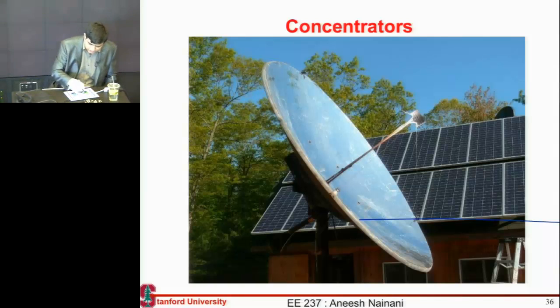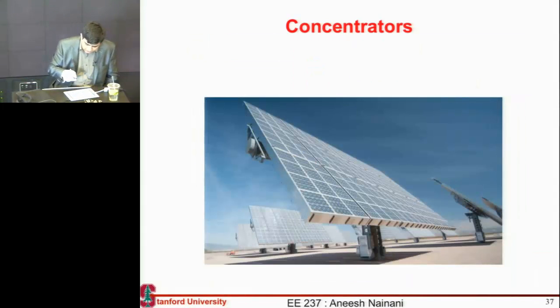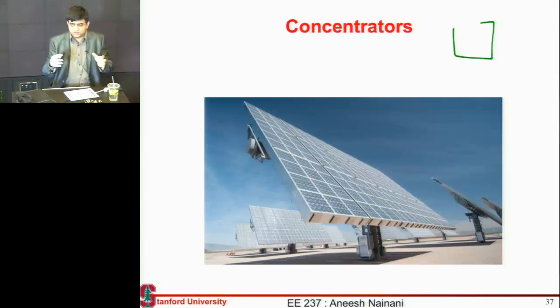So this is a concentrated system. It concentrates light into the cell. This can usually concentrate up to 1000x before the cell starts to get hot and blow up, right? The other one which you saw, this block, that square kind of system which I showed in the first video, was a Fresnel lens, right?